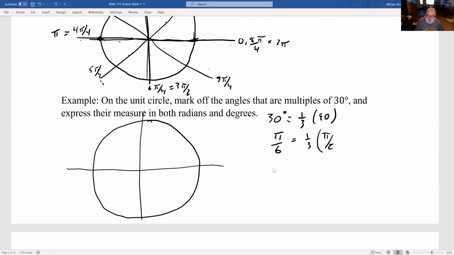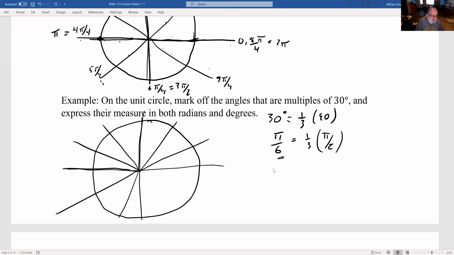It's pi over 6. So we need 6 angles in the top. 1, 2, 3, 4, 5, 6. And I need 6 in the bottom. 1, 2, 3. This is supposed to be the y-axis. 4, 5, and then 6.